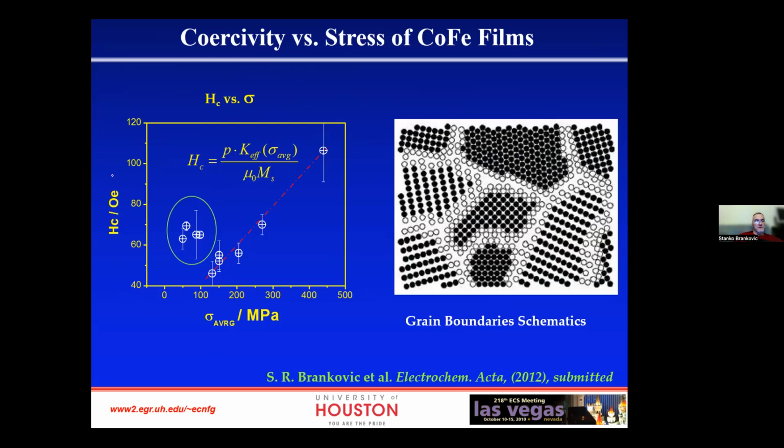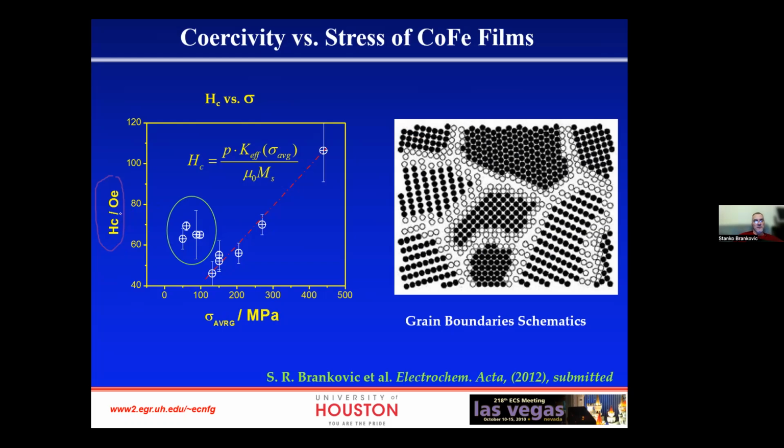If you plot coercivity, and if you remember what coercivity is, this is the value of the external magnetic field which is required to reverse magnetization in the soft magnetic material, right? And we say the softer the material, the smaller the value of coercivity, or external magnetic field, that is required to reverse the magnetization. So smaller HC is better when we talk about soft magnetic materials.